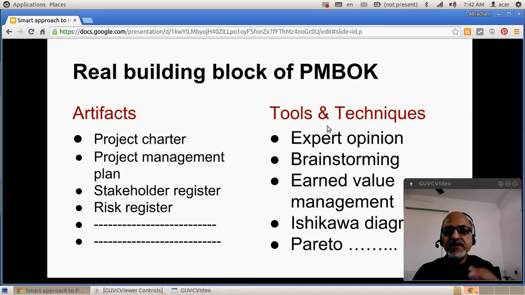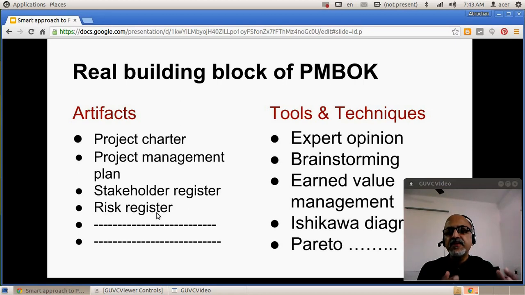If you really get into these, we can see that the entire PMBOK comprises a set of artifacts or documents like a project charter, project management plan, stakeholder register, stakeholder management plan, risk register, risk management plan, communications plan, procurement plan.